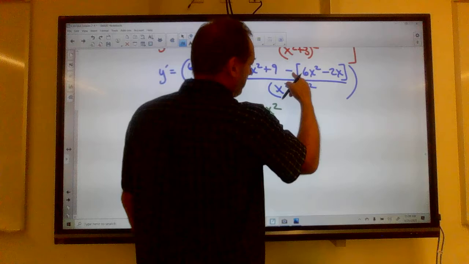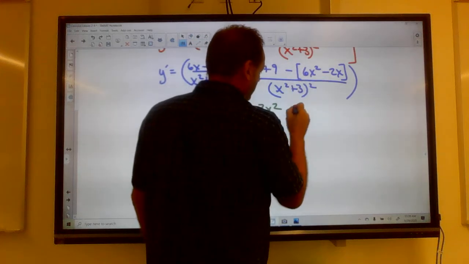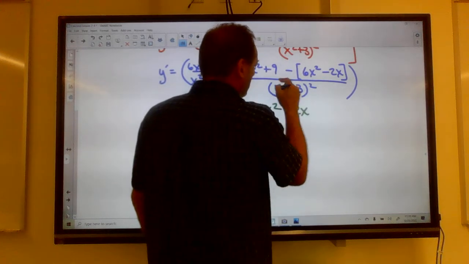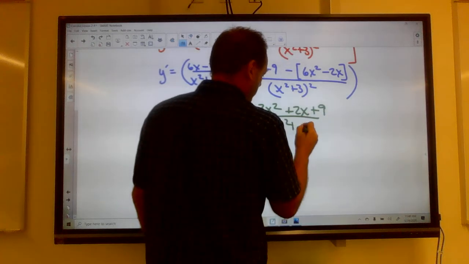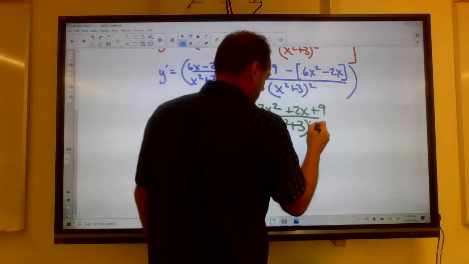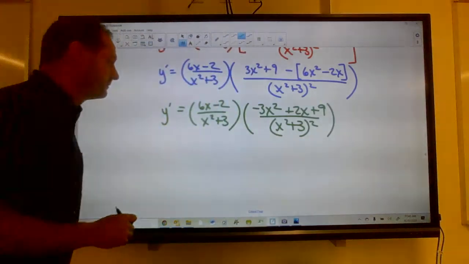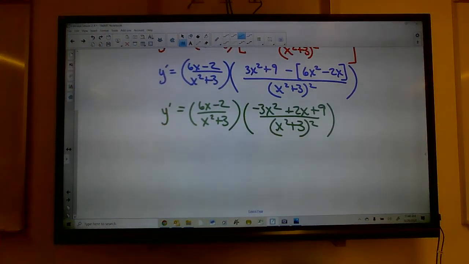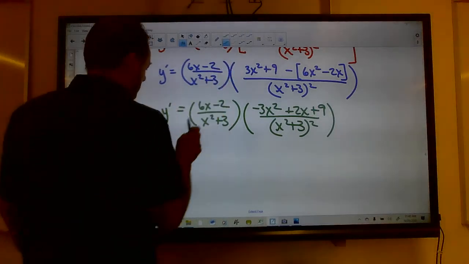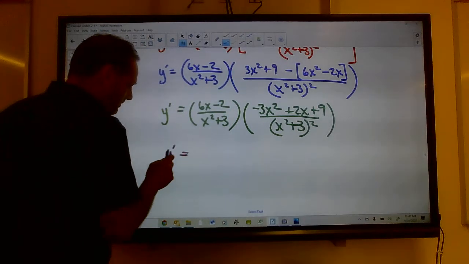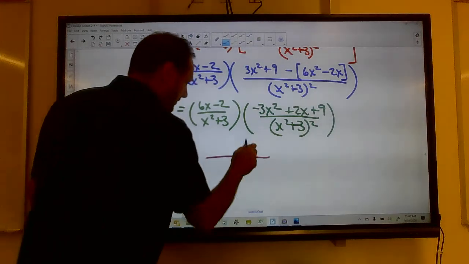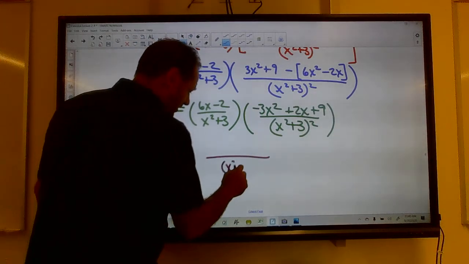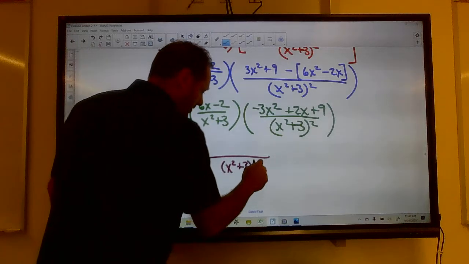I got an x term here, so it's going to be minus a negative, so plus 2x plus 9 over x squared plus 3 squared. Let's see. Fortunately, I'm multiplying fractions, so I multiply the numerators and the denominators. The denominator is easy. That's just going to be x squared plus 3 to the 3rd power.